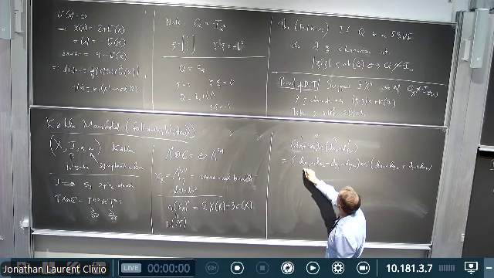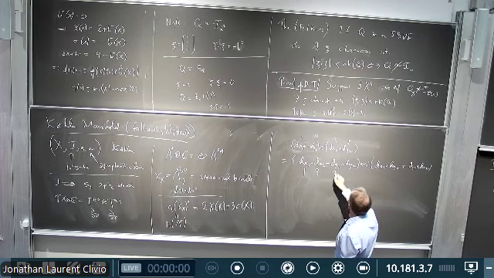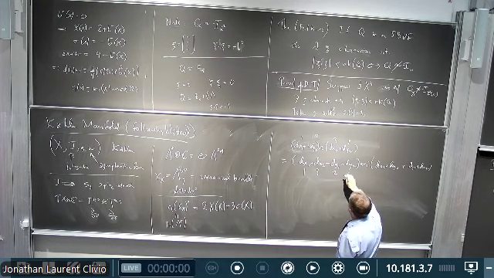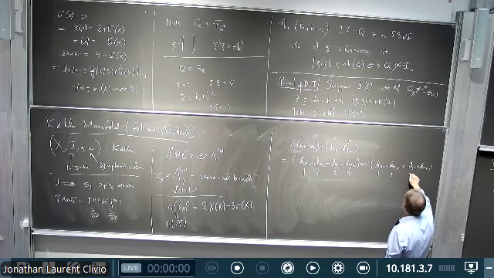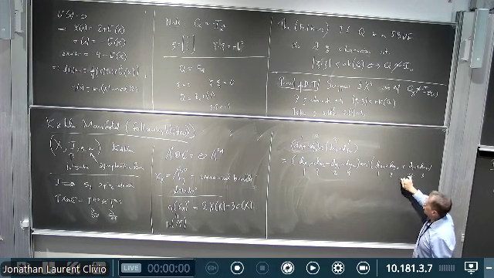These are 1, 3, 2, 4 and 1, 4, 2, 3. These are both self-dual forms, right?